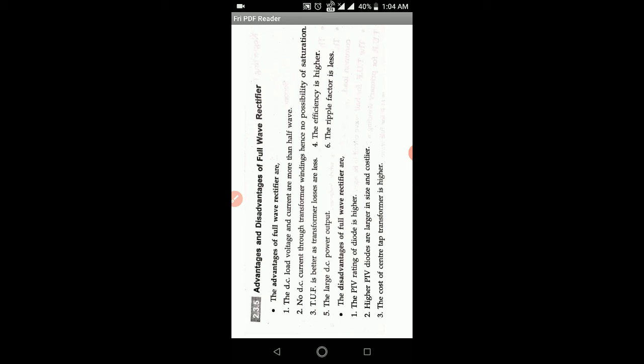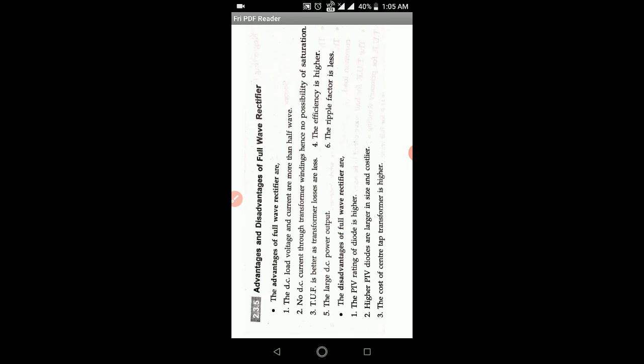Third, the transformer utilization factor is better as transformer losses are less. Fourth, the efficiency is higher. Fifth, the DC power output is large, and sixth, the ripple factor is less. These are the advantages of the full wave rectifier.